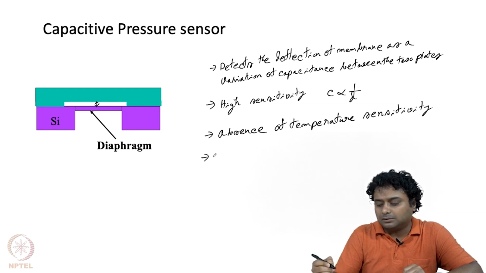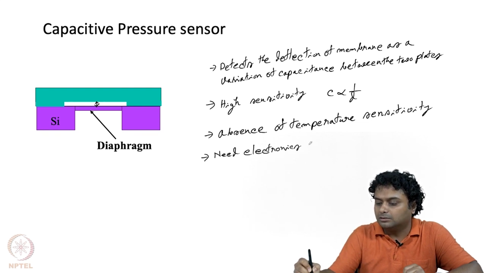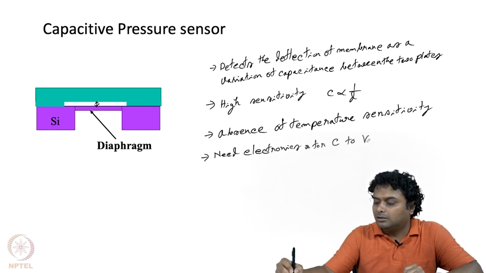But one thing we can consider a demerit is that in the case of the piezoelectric sensor we already get a voltage output, so we do not need a conversion from one kind of parameter to another, but here we need an electronics circuit for C to V0, the output V0 conversion.